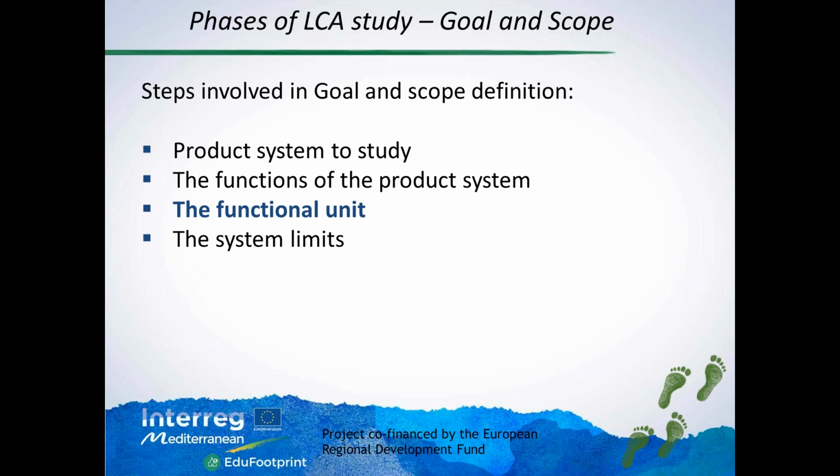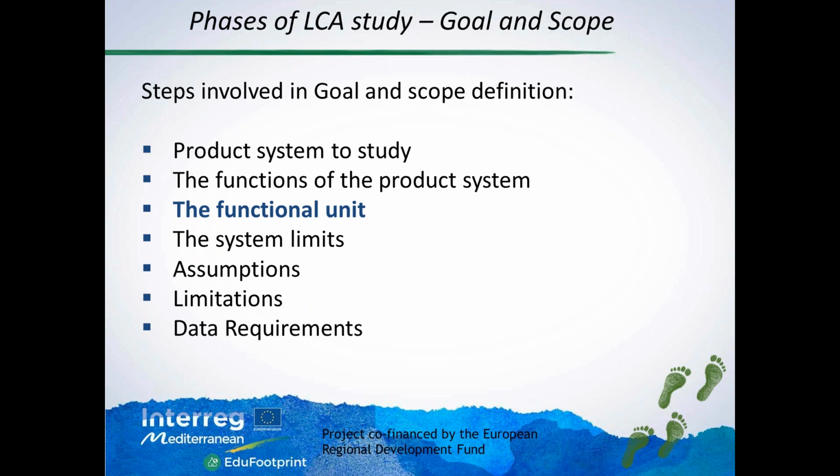The system limits, and then assumptions, limitations, and data requirements. Assumptions and limitations are a specific phase that we are not talking about now because they are really scientific items, strictly related to statistic fields. But I think that the important item to understand is how to identify the functional unit.